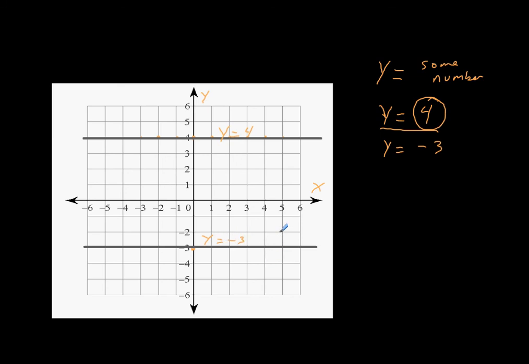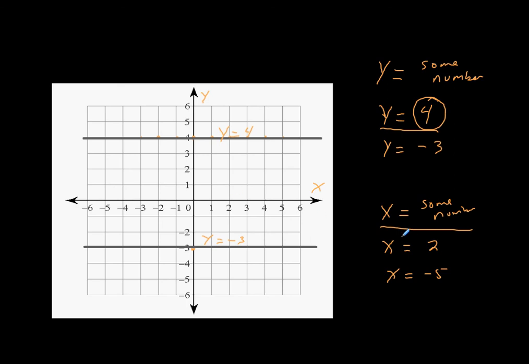Now, there's one more type of equation you need to be familiar with: x is equal to some number. This right here is the same as the y. X could be equal to a 2, or x could be equal to a -5. Works the same way. The only difference is this time it's where it crosses the x-axis.